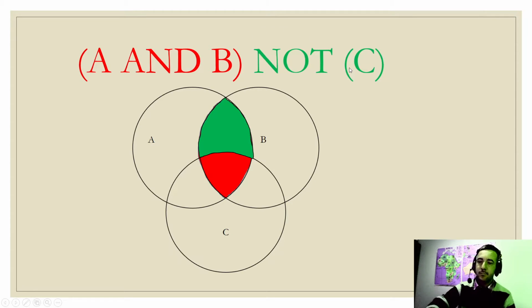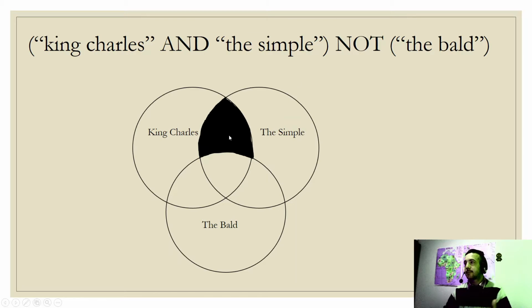All right. Moving on. So here's what we end up with. I want King Charles, and I want the simple, and I want not the bald. Now I put everything in quotes here for the specific reason that I want that exact phrase. The default on Google would be just to search for King and Charles, and then it would say the and simple.